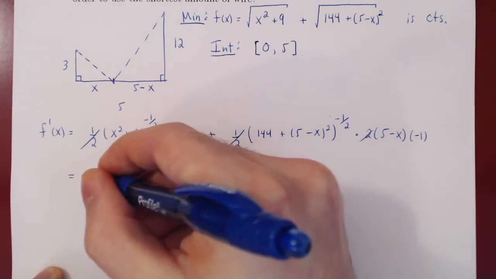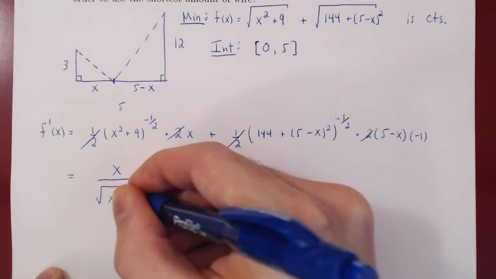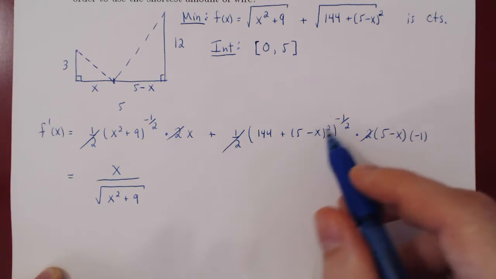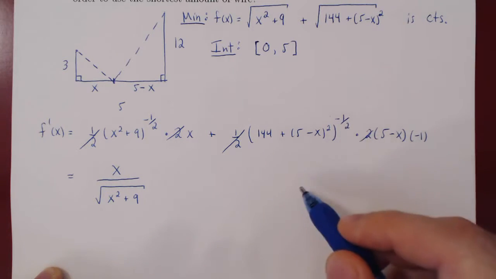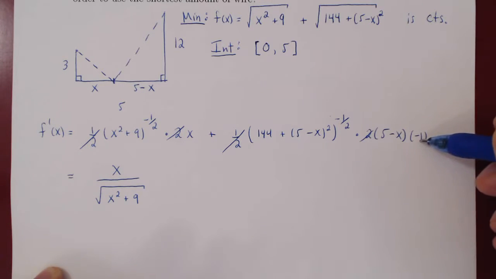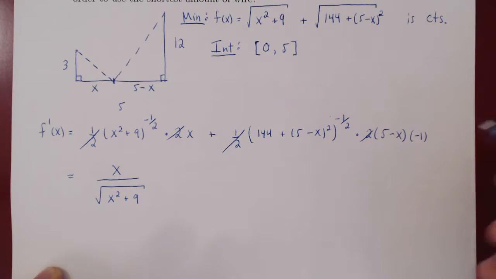So I end up with x over the square root of x squared plus 9. Then I'll also send this down, so it will become a positive 1/2 power, which will be a square root. And I'll be left on top with negative of 5 minus x.